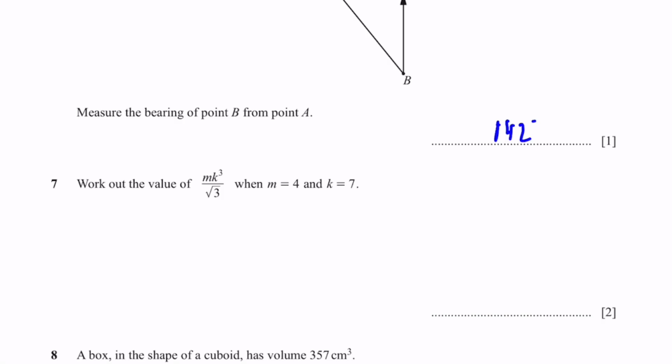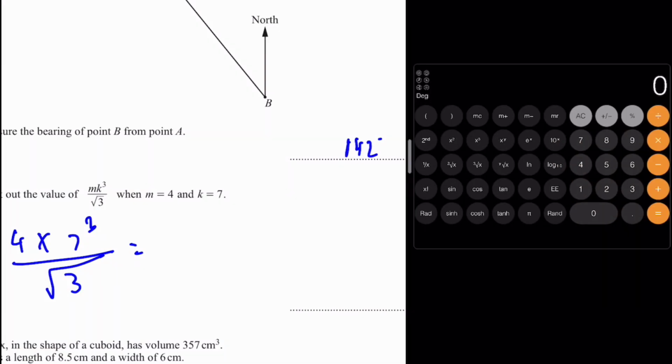Question 7. Work out the value of mk cubed divided by the square root of 3 when m is equal to 4 and k is equal to 7. So when m is 4 and k is 7, we can substitute these. That means 4 times 7 cubed divided by root 3. Now let's do that on our calculator. 4 times 7 cubed is 1372.